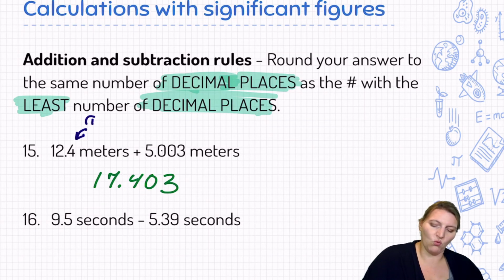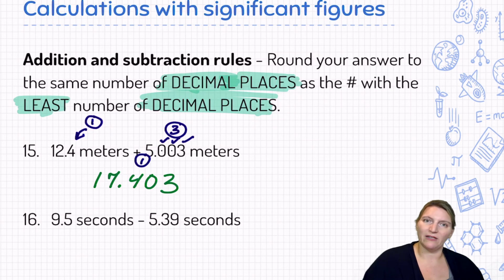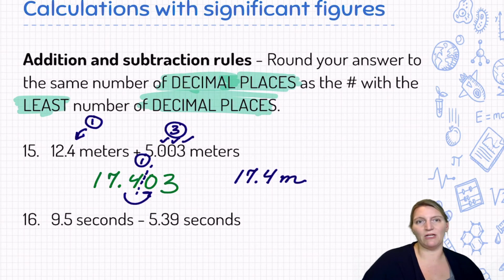So this guy has 1 digit past the decimal point. This guy has 3 digits past the decimal point. So my answer should just have 1 digit past the decimal point. I look and see, do I round up or stay the same? I stay the same, 17.4. And remember, a meter plus a meter is just a meter. You're just adding length there.